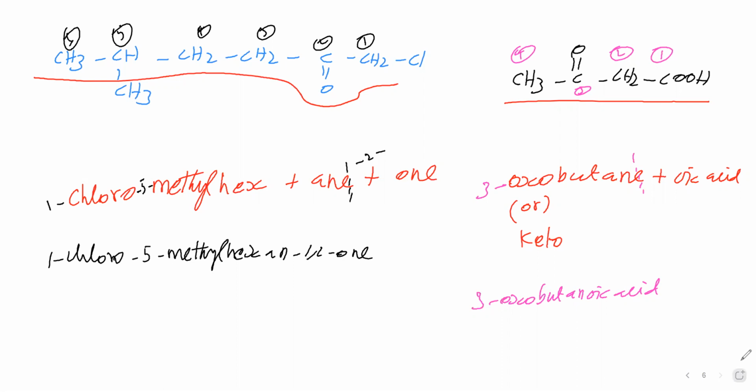Next, we will take the compound like this. This is called bond notation. In bond notation, each corner represents a carbon.